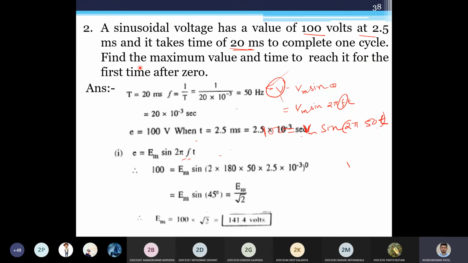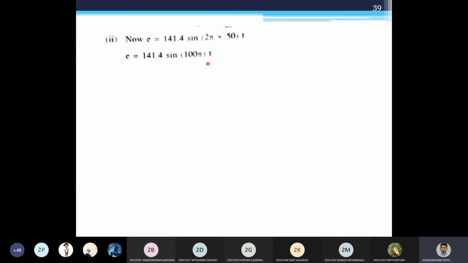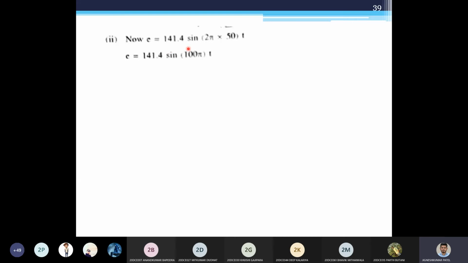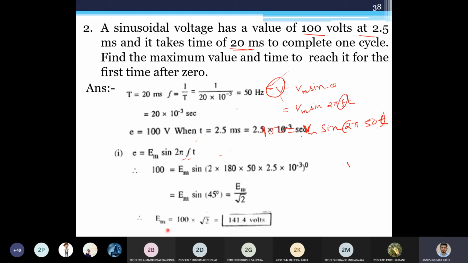Then the question asks, find the maximum value and time to reach it for the first time after 0. So how to do this? Now we know the equation of E is 141.4, because we calculated the value of the maximum. So I am going to put this value over here as Vm. They are saying Em, that's EMF, but V is voltage.